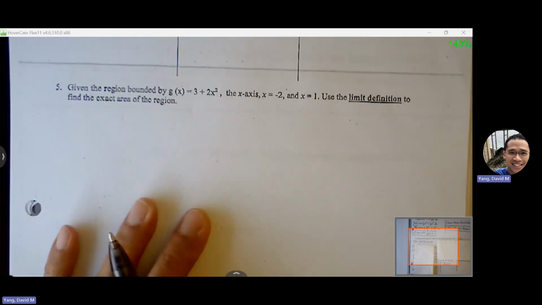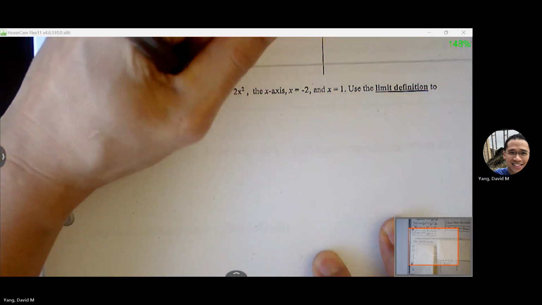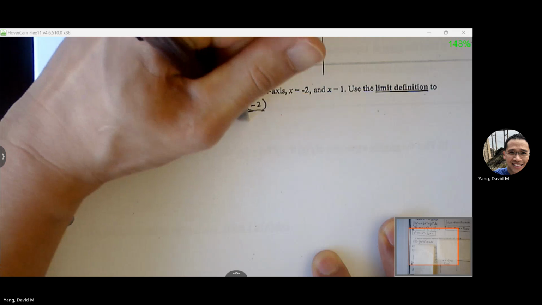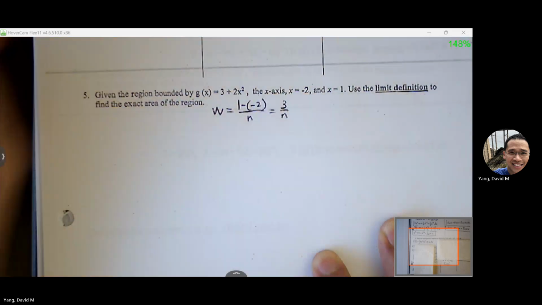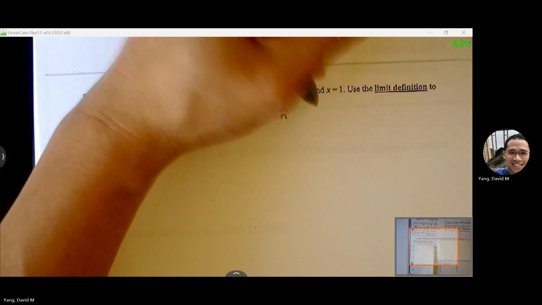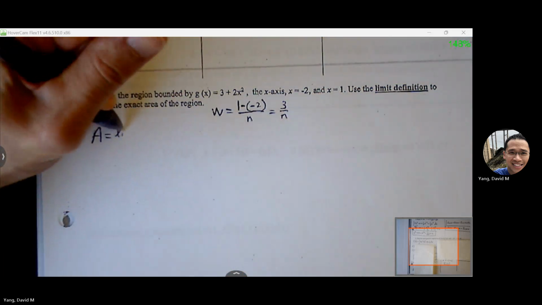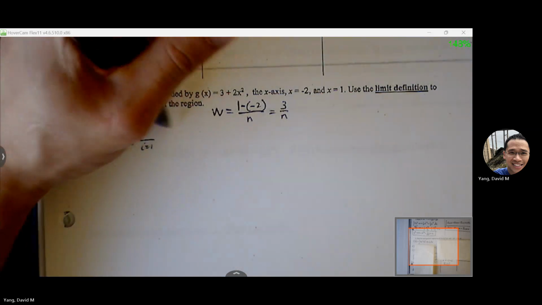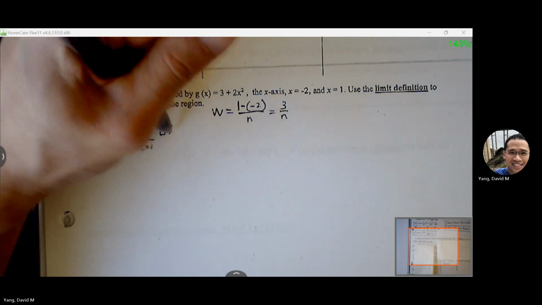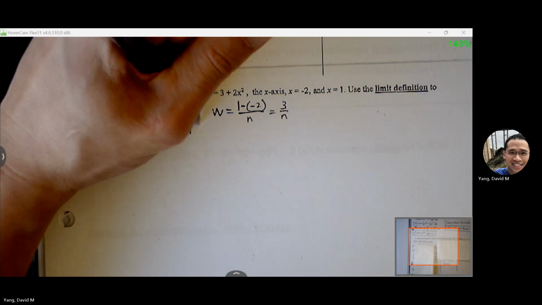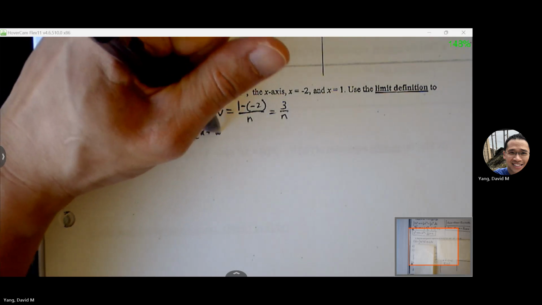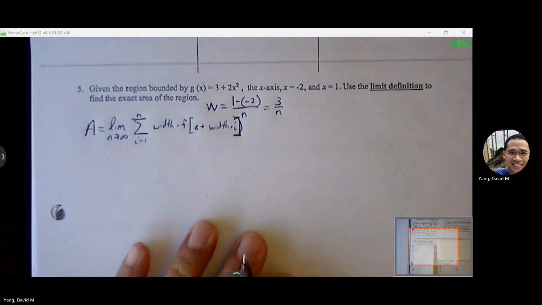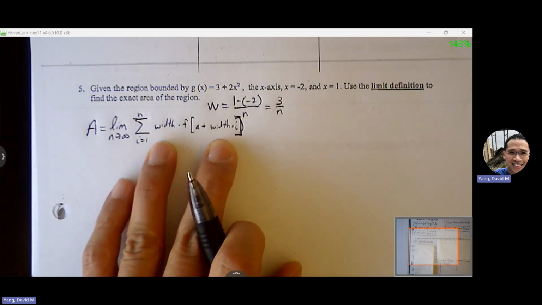Okay, start off by building your width. So we're using the limit definition formula that you can find on page 34.